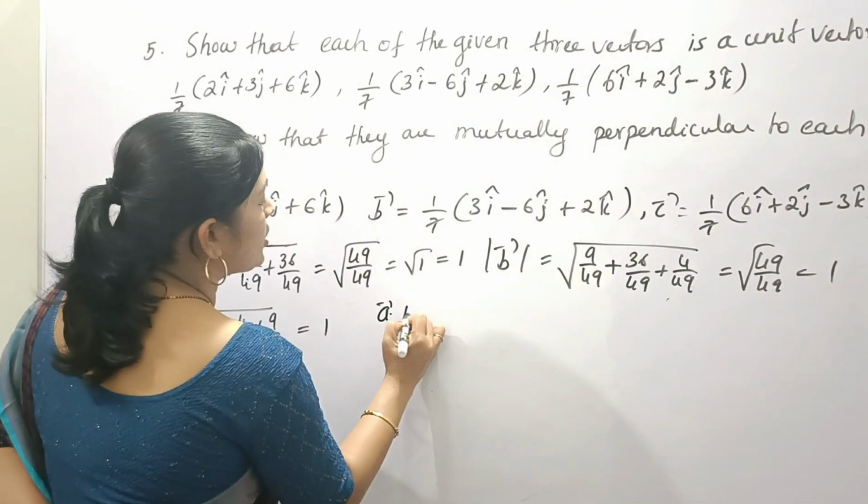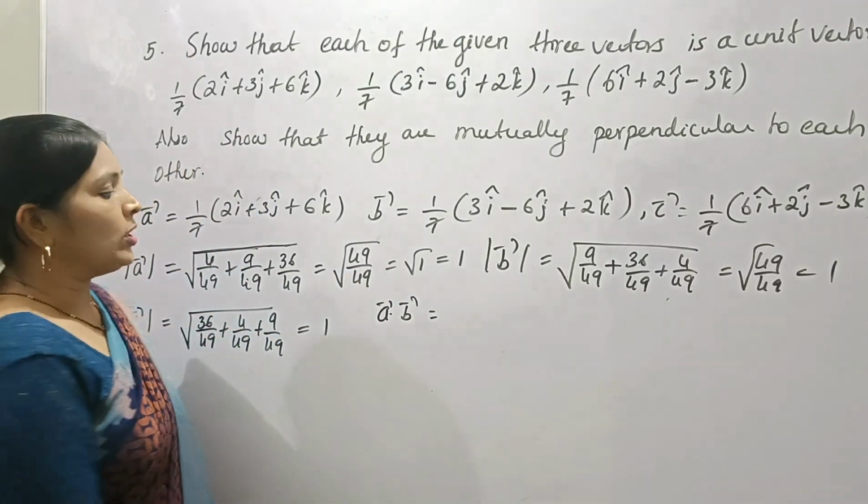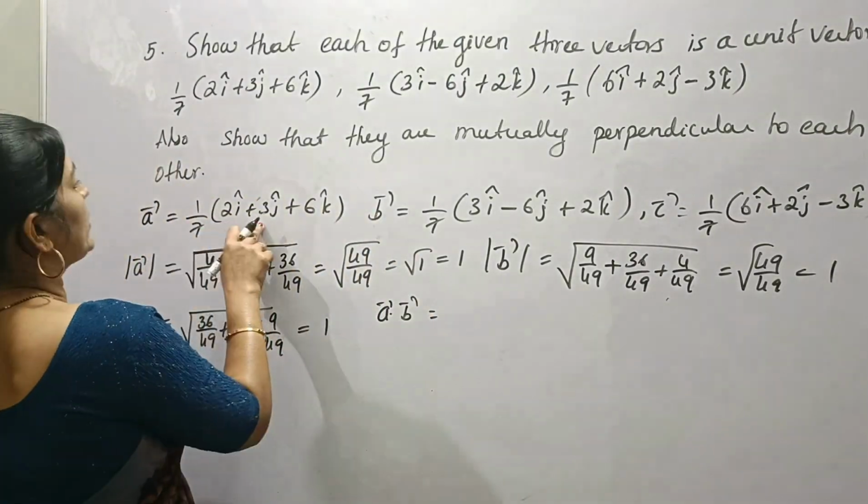Vector A dot vector B. That is equal to, here vector A is this one, right?